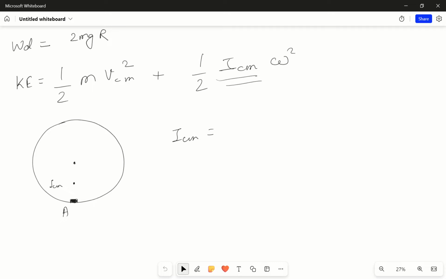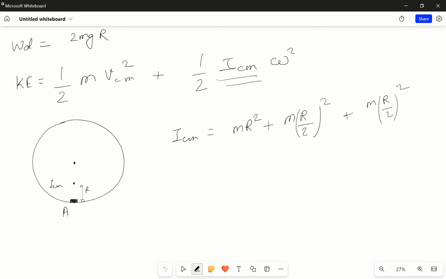I about center of mass would be the moment of inertia of the ring about center of mass. That is, its moment of inertia of the ring about center was mr square. And using the parallel axis theorem, what we can write is its moment of inertia about the center of mass would be m (r/2) square plus the moment of inertia of object A about center of mass, that is m (r/2) square, right?